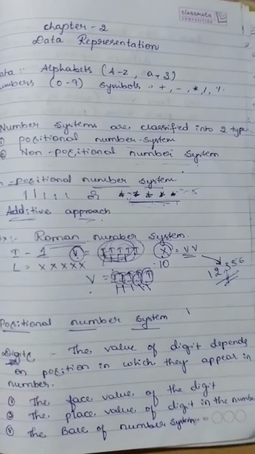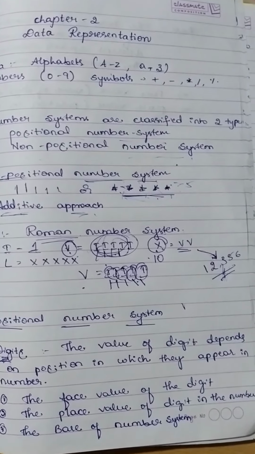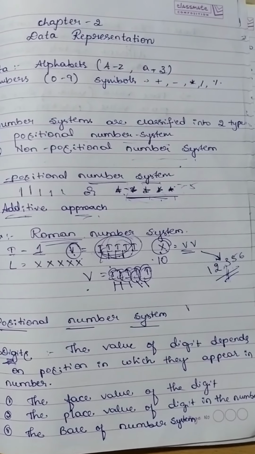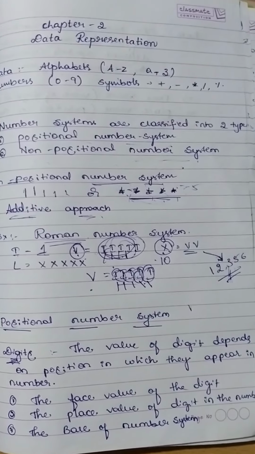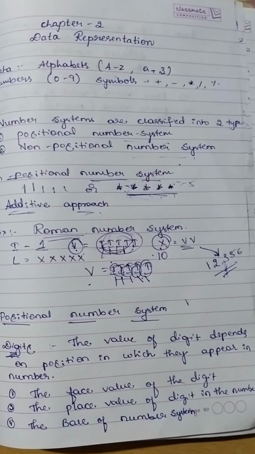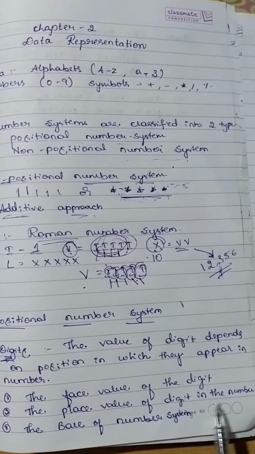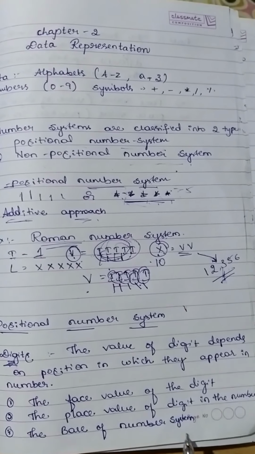Okay, so the positional number system depends on 3 factors. In order to deal with the positional number system, we mainly have to concentrate on 3 factors: face value of a digit, place value of a digit in the number, and base of the number system.